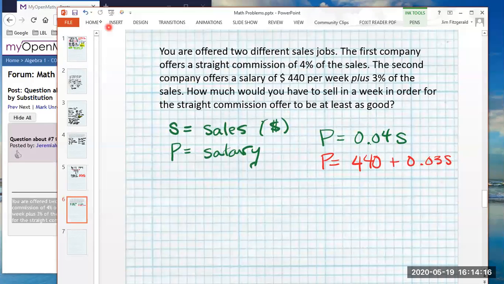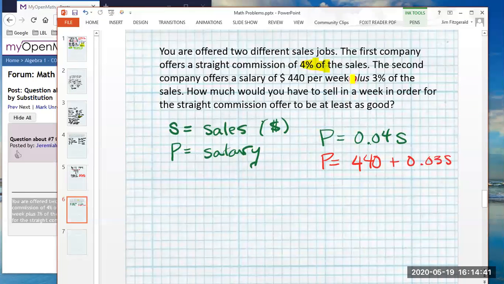Okay, there are some keywords here that I just want to make sure that we're aware of. When we talk about 4%, it says 4% of. That word of is kind of a math word. It means multiplication. So you hear things like of or per or for each, and it usually means a multiplication.